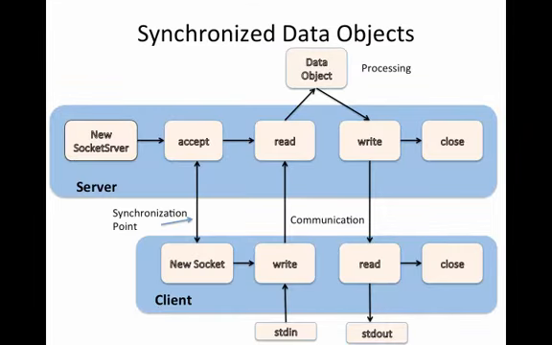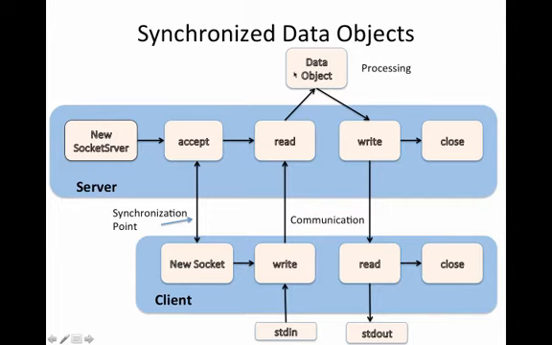Now we're going to move on to more complicated examples, which is where you may have multiple clients and/or you have to do some processing. Typically, you do not want to do the processing in the thread that's accepting connections because you need it to be a tight loop. You don't want the potential client sitting there while you potentially do a data-intensive operation.